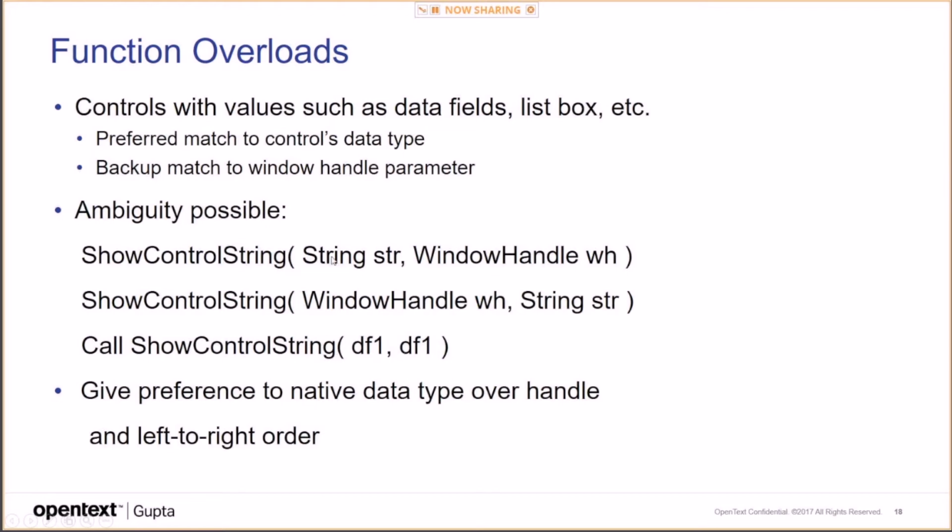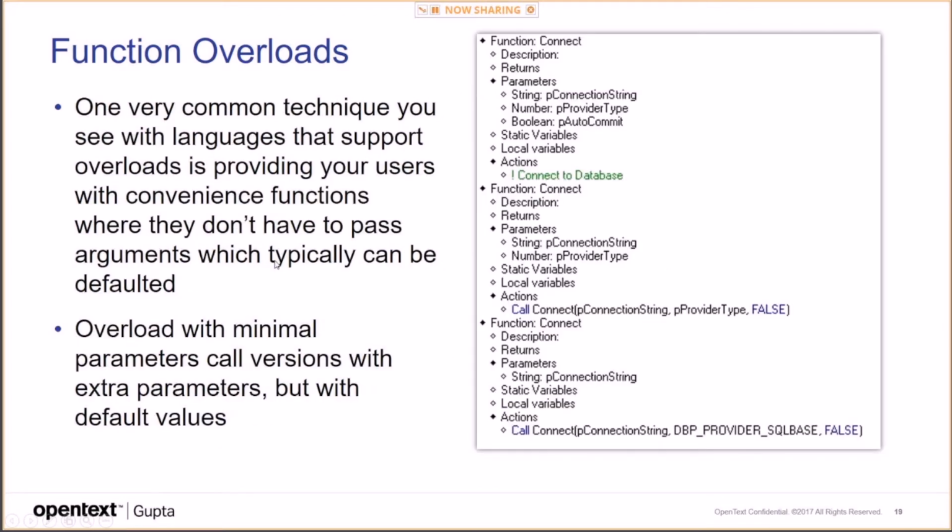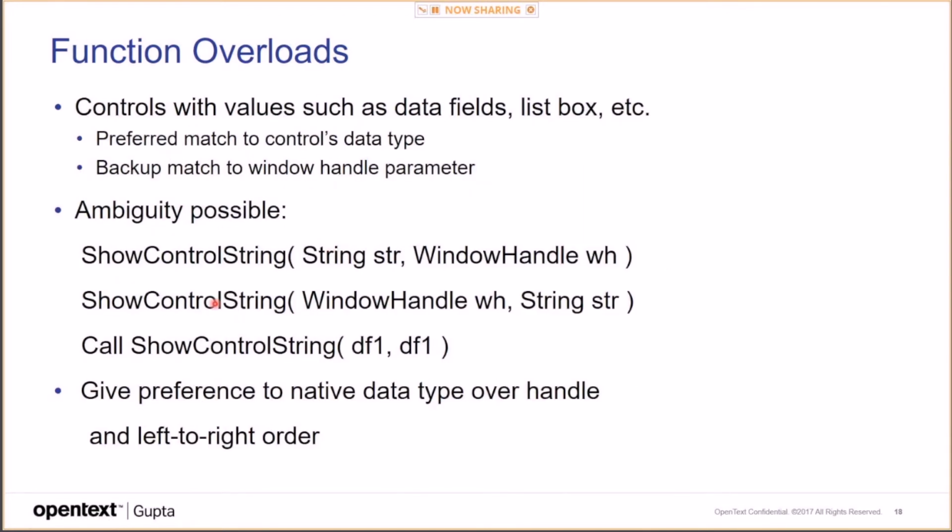The definition here is still all right. This looks good, but then here, what to do with this? This one or this one? So what we do is we give preference to the native data type over the handle, and left to right order. So it can be quite complex.